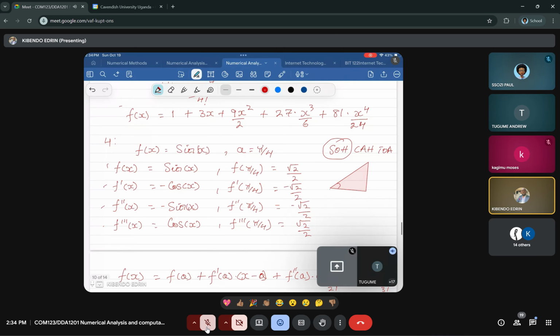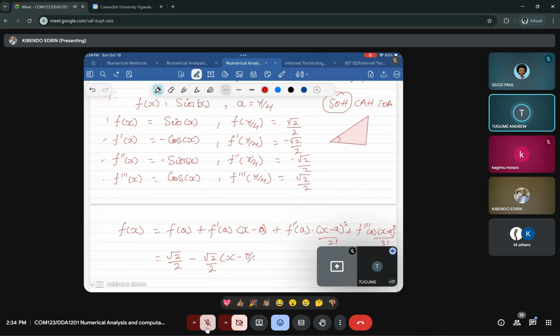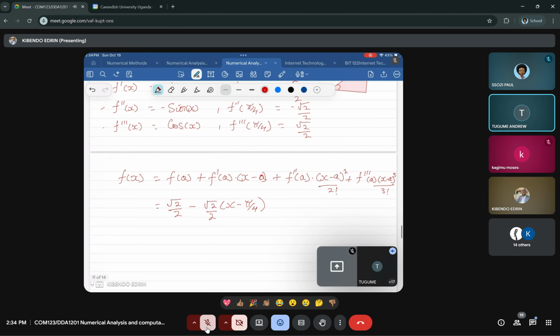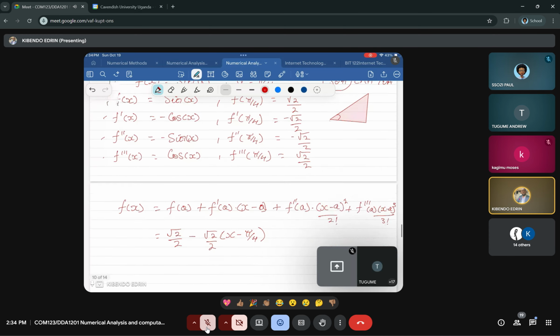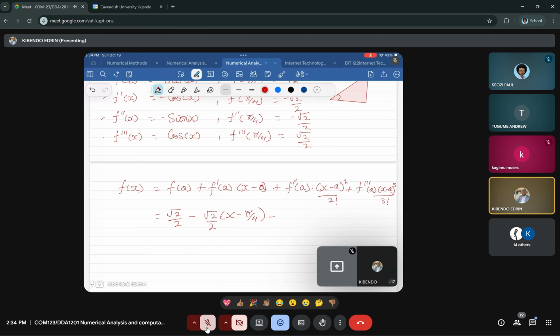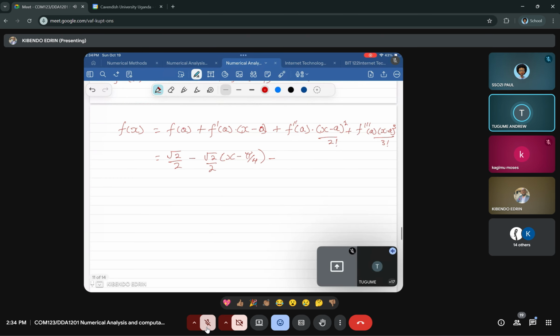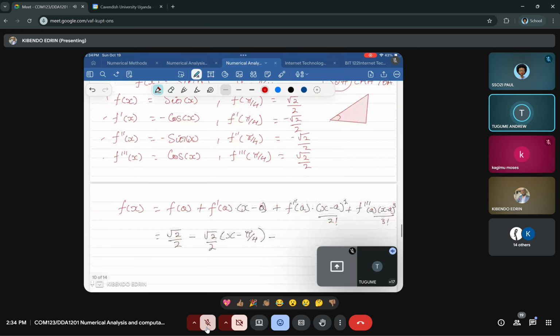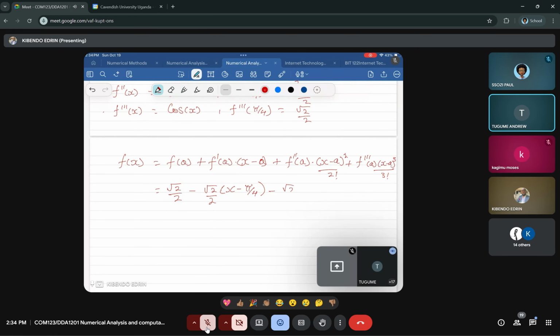What is a? A is pi over 4. Minus root 2 out of 2 times x minus pi over 4 squared over 2 factorial.